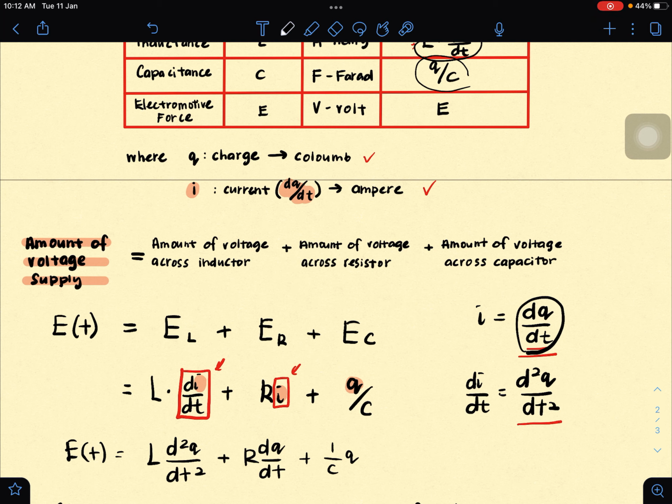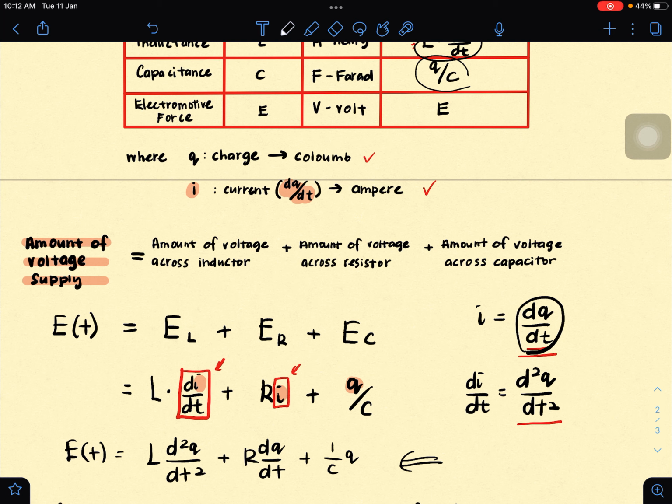Okay, and you can see this is a higher order differential equation, and you have only one variable, which is Q. L, R, and C are constants, so you only have one variable, Q. So this is how you get your higher order differential equation from your RLC circuit: resistor, inductor, and capacitor circuit, where it combines all the components in one electric circuit.